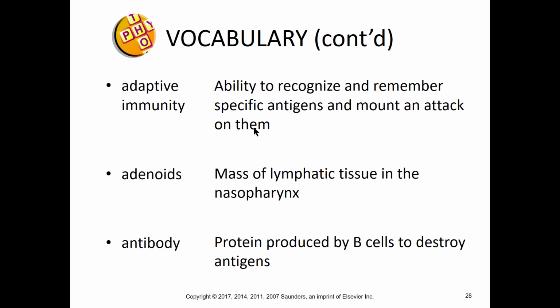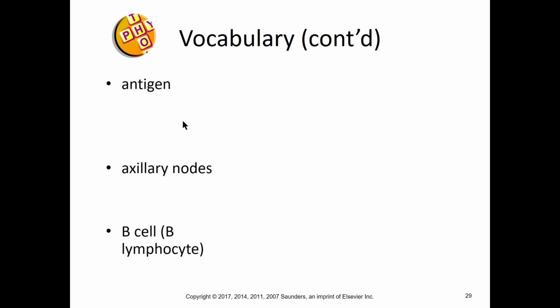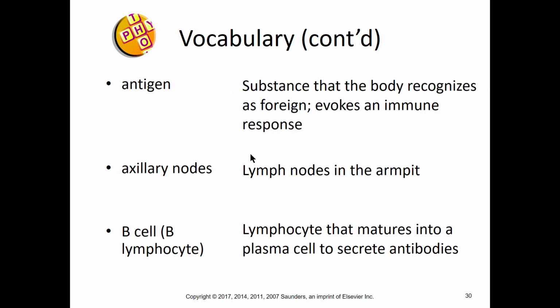Adenoids are a mass of lymphatic tissue in the nasopharynx. An antibody is a protein produced by the B cells to destroy antigens. What is an antigen? It's a substance that the body recognizes as foreign, which evokes an immune response. So anything that's foreign that comes into the body.